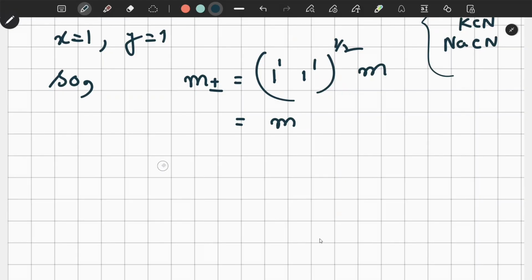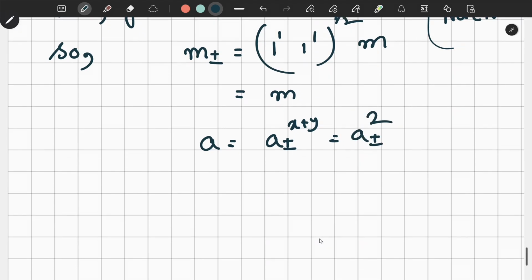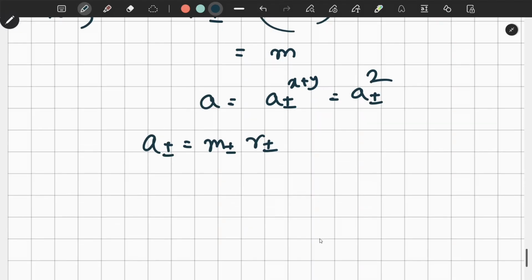Now you know what our A is. A was A plus-minus to the power x plus y, so A plus-minus squared. And A plus-minus was m plus-minus into gamma plus-minus. Put it.